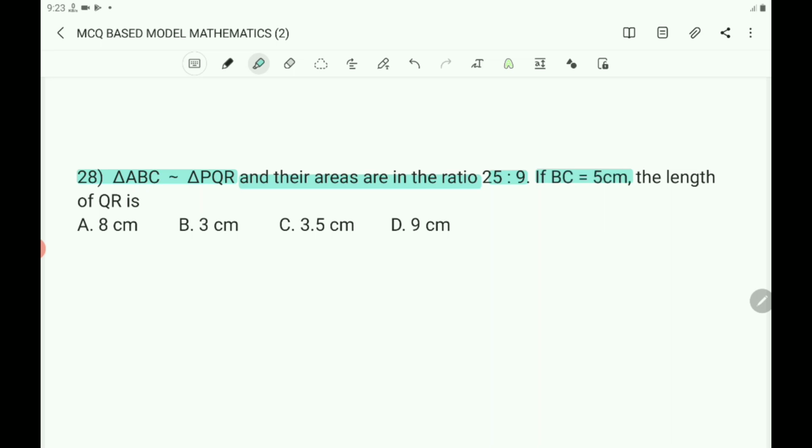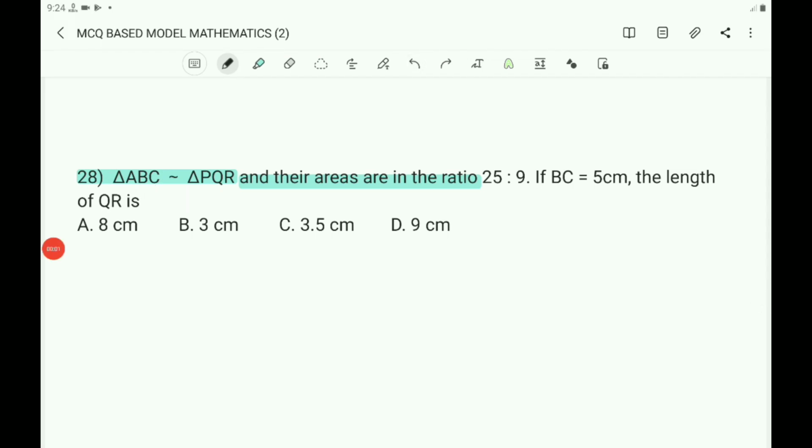If BC equals 5 cm, the length of QR is, here you know that this BC by QR you can use here. You know that triangle ABC is similar to triangle PQR, and their areas are in the ratio 25:9.